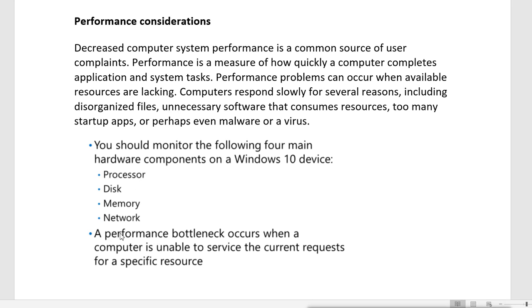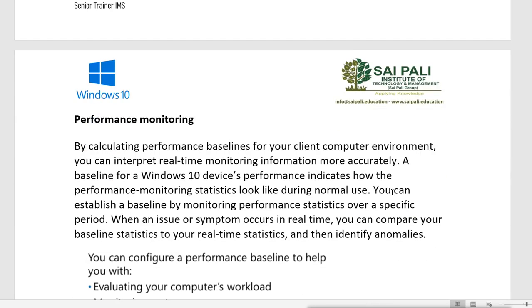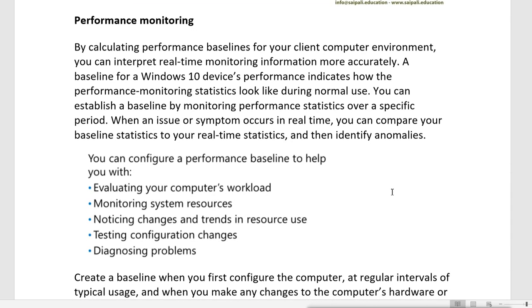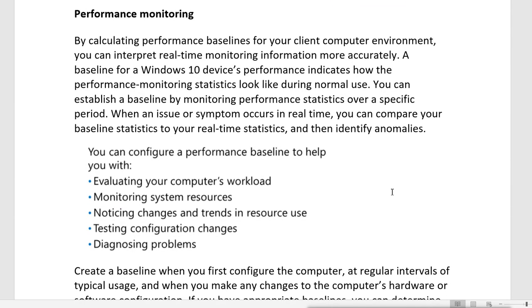A performance bottleneck occurs when a computer is unable to service the current request for a specific resource. So it is called a bottleneck, where it is not able to perform the processing of those services or specific resources. For monitoring those devices, we have performance monitoring.